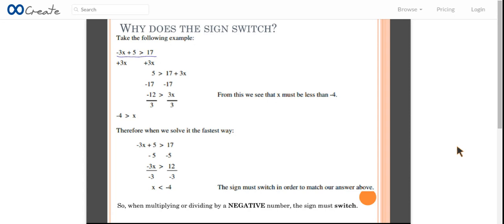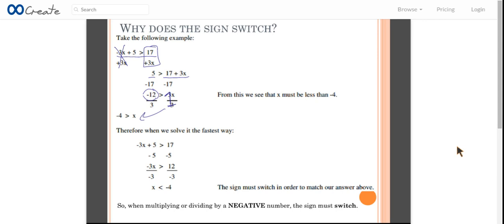We're going to start by canceling out the 3x's, so we add 3x to both sides to cancel out those. So now I have 5 still on this side, and then the 17 plus 3x, because right here I added the 17 plus the 3x. And then if I subtract 17 from both sides, 5 minus 17 gives me negative 12, and I'm left with my 3x. And then I can divide both sides by 3 to get my coefficient of 1.